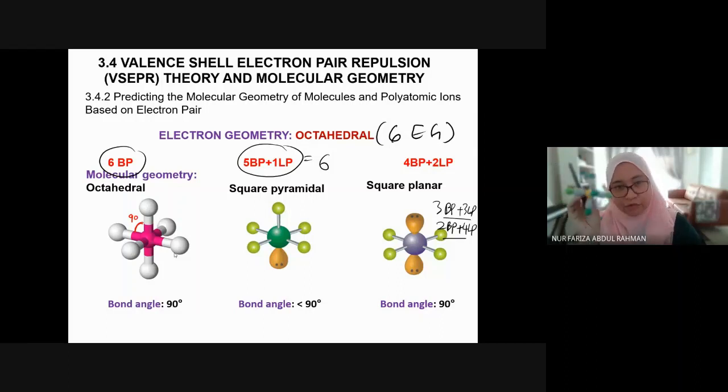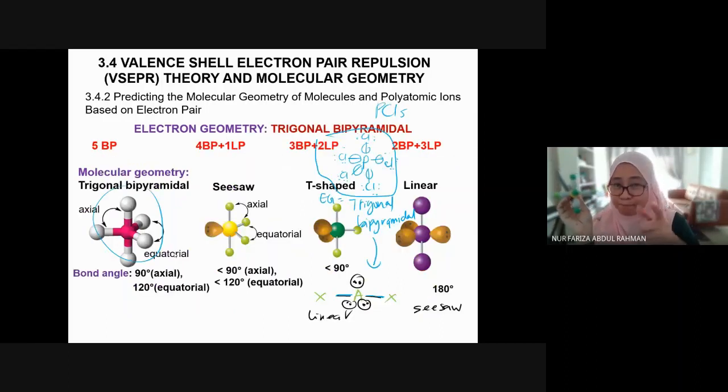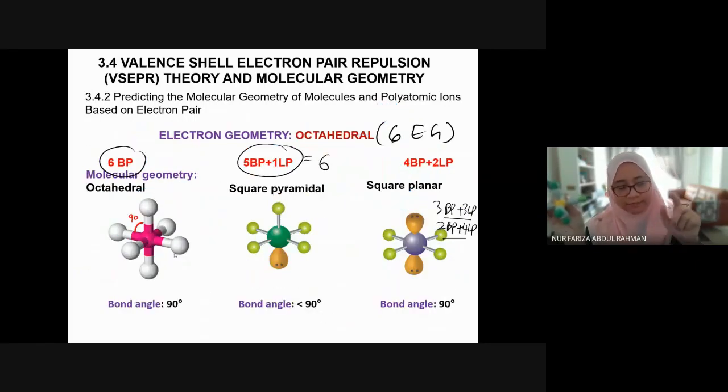The difference between octahedral and trigonal bipyramidal is that trigonal bipyramidal now has two bond angles. That's what we have to be careful about. We have equatorial and axial. But in this one, even though it has equatorial and axial, there's no effect, no influence, because the bond angles are all the same, all 90.